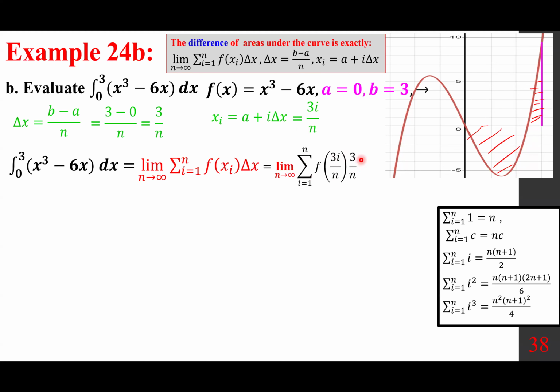F of 3i over n, as I mentioned, is 3i cubed over n minus 6 times 3i over n. So this is f of x sub i, everybody.